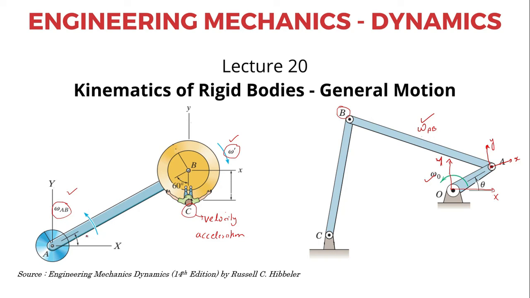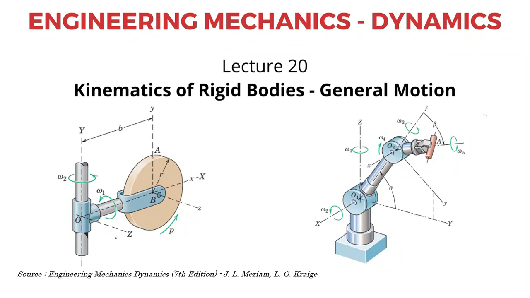So you have omega AB with respect to this and omega dash with respect to point B. Here you have omega 0 with respect to point O and omega AB with respect to point A. So in such cases we have to use the corresponding equation as described in this lecture, where omega is not equal to omega bar.